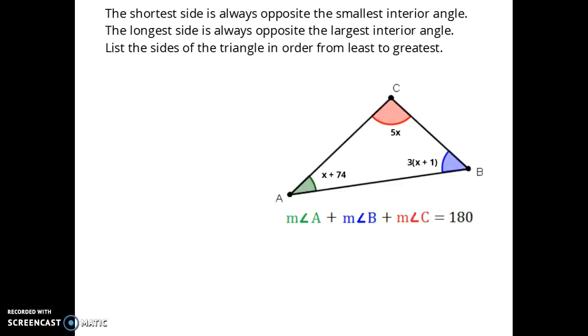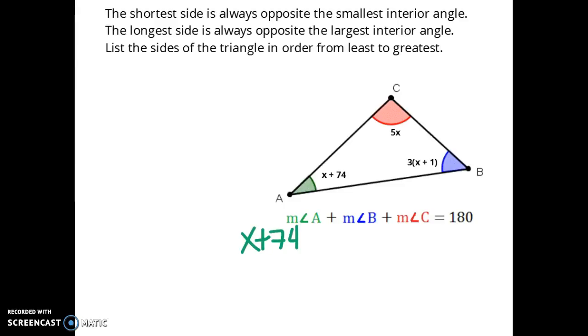The first thing is we're going to solve each section. We know that the angles of a triangle add to equal 180 degrees. So we're going to add these measurements. We have A is x plus 74.